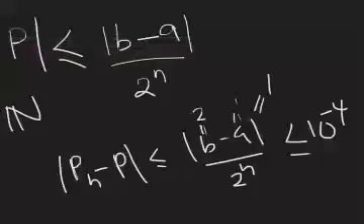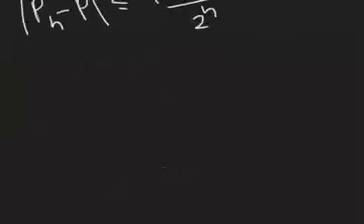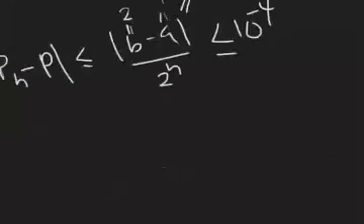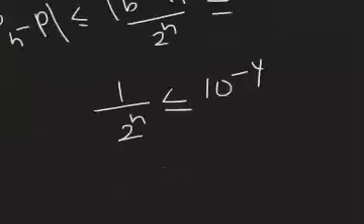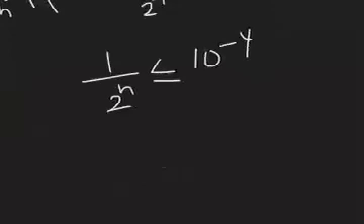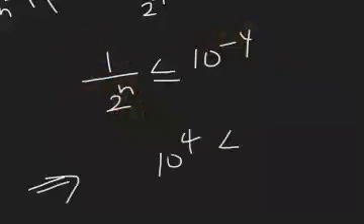So you have 2 minus 1, which is 1, divided by 2 to the n, less than or equal to 10 to the minus 4. This implies you can cross multiply, so that becomes 10 to the power 4 less than or equal to 2 to the n.